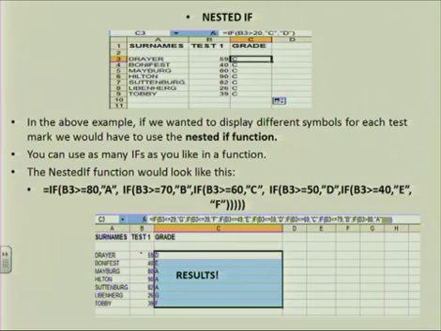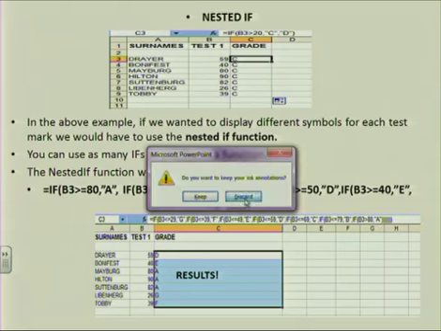We can put in a nested if saying that any mark greater than or equal to 80 will give you an A, greater than or equal to 70 will give you a B, greater than or equal to 60 will give you a C. So that's where the nested if is an advantage compared to the normal if statement. So let's look and see how we actually do this.